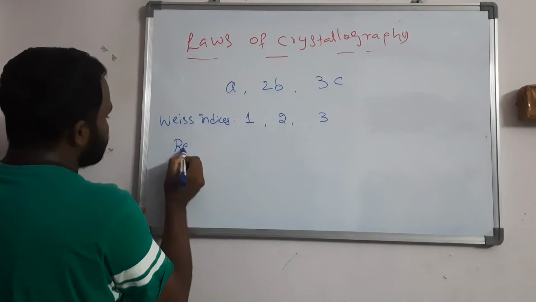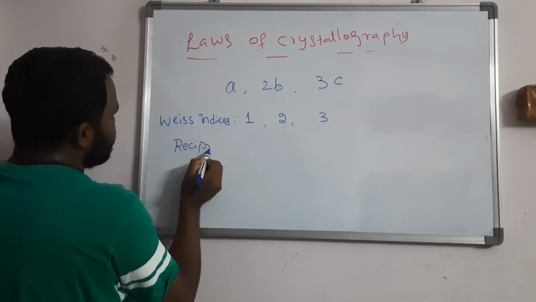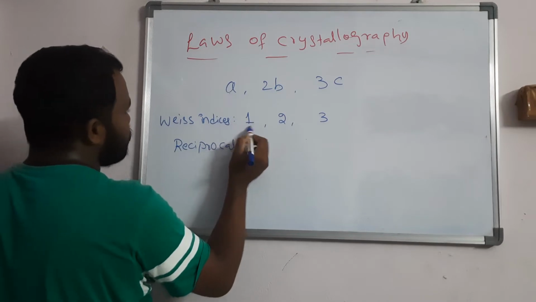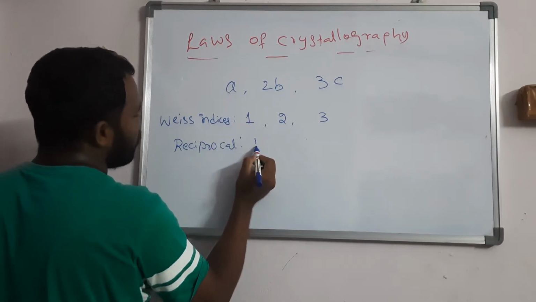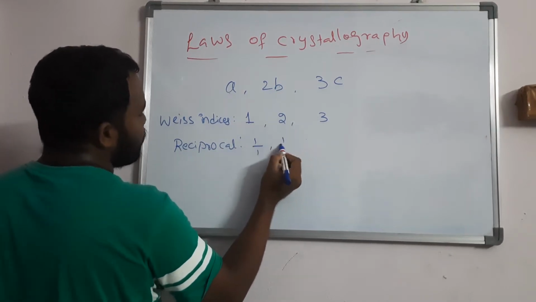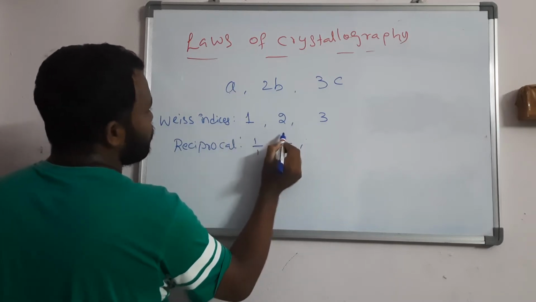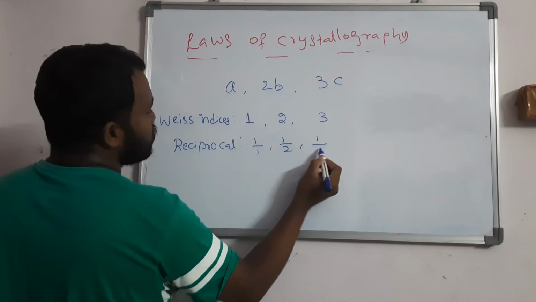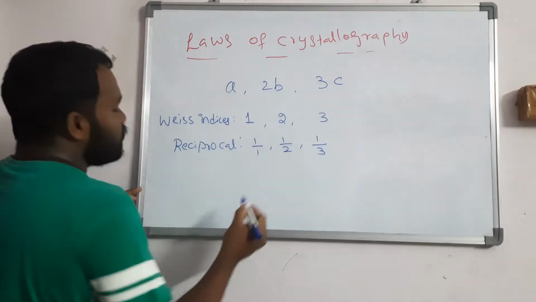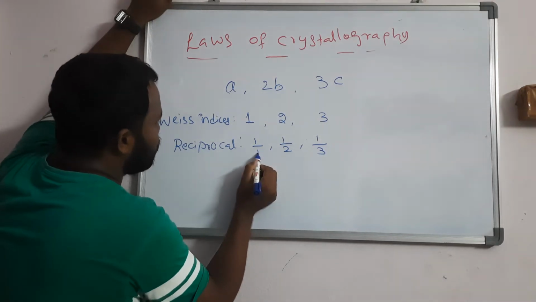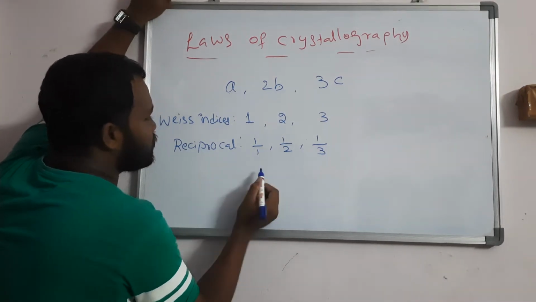Now write the reciprocal. Reciprocal means just reverse. So 1 by 1, 1 by 2, and 1 by 3. Now take the LCM, the simplest multiplying number. For 1, 2, 3 the LCM is 6.